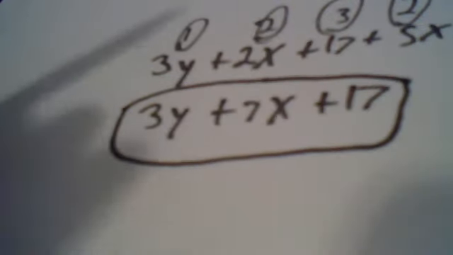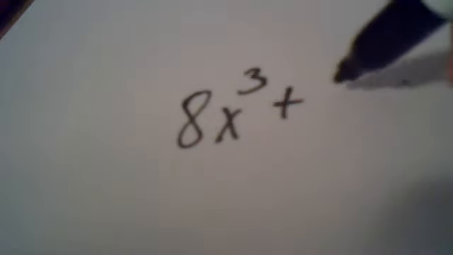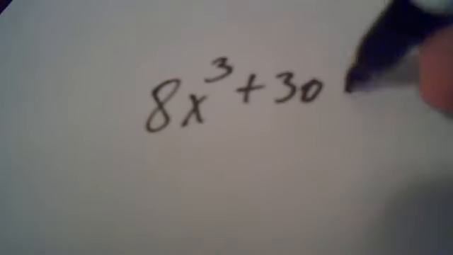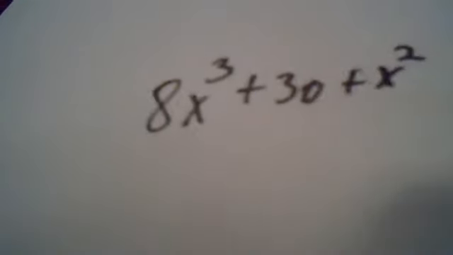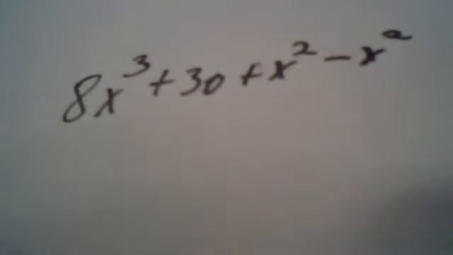Let's do one more just for the sake of time. Let's say that we had, I don't know, 8x cubed plus 30 plus x squared minus x squared plus 5.